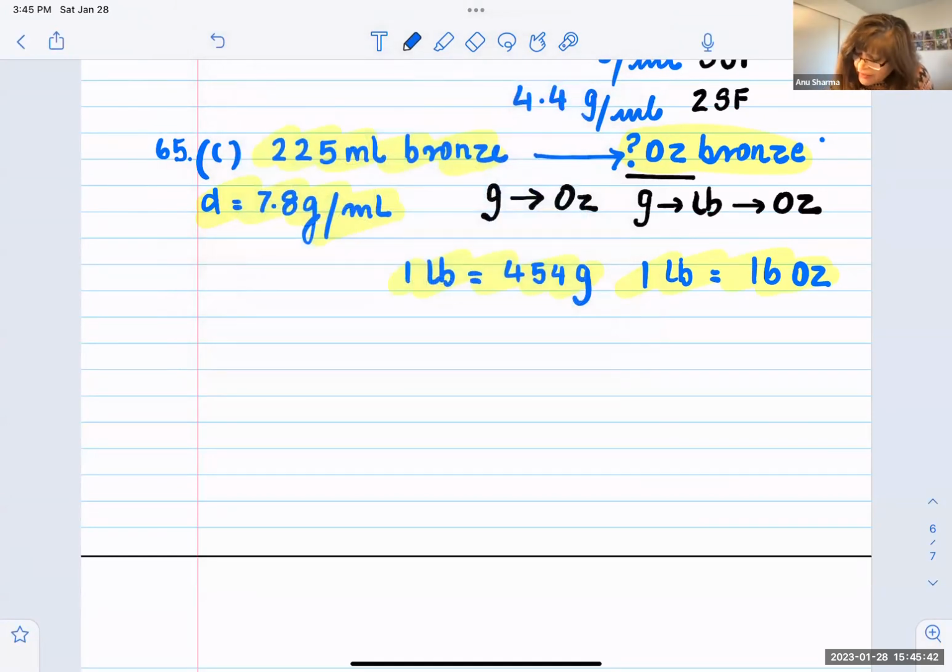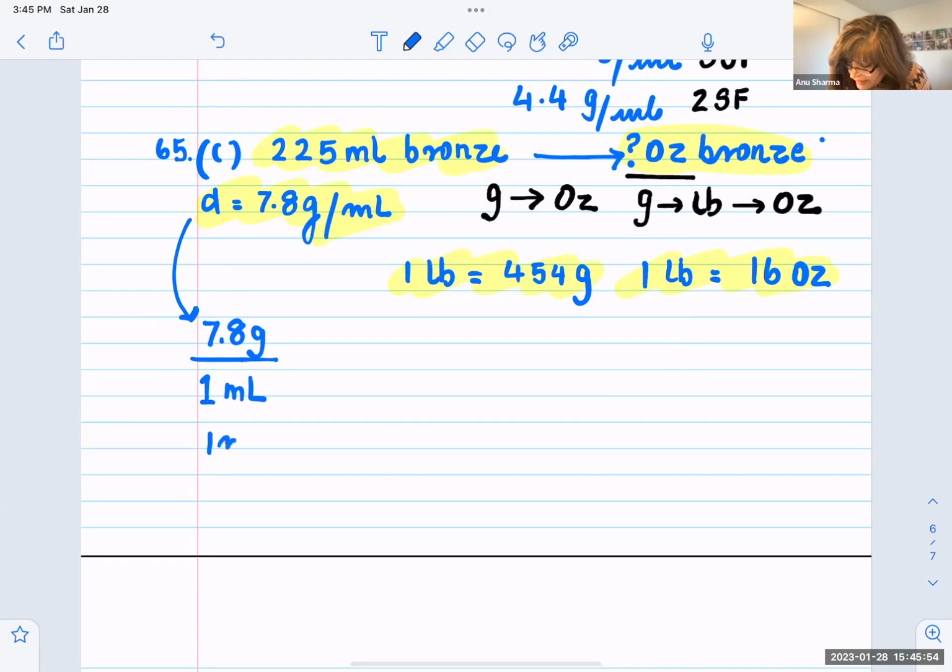So these are the conversion factors. For the density, the conversion factors are 7.8 grams over 1 milliliter, or 1 milliliter over 7.8 grams. These are the 2 conversion factors.